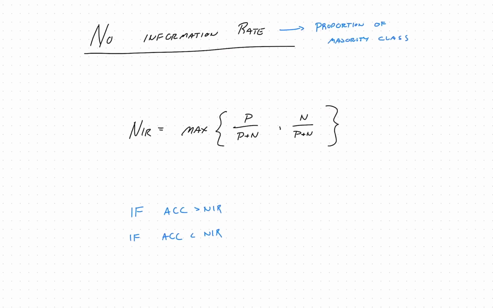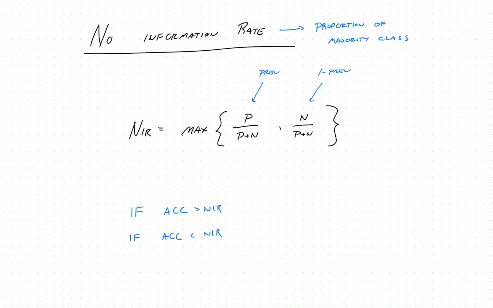So here is the prevalence, which is the proportion of the positive class. And then here is 1 minus the prevalence, which is the proportion of the negative class. And whichever one of those is bigger is what we call the no information rate.